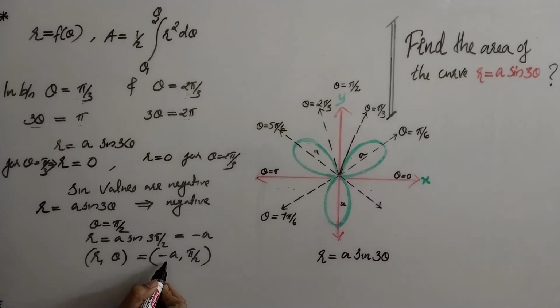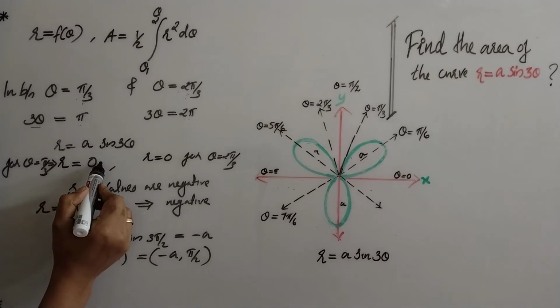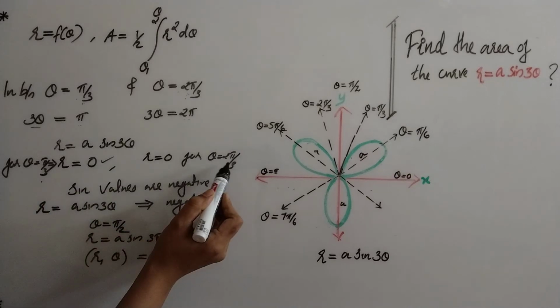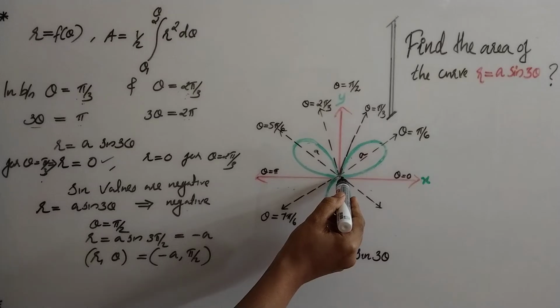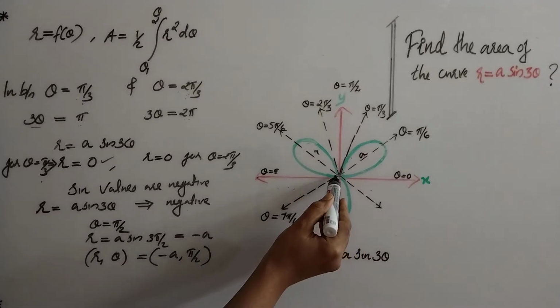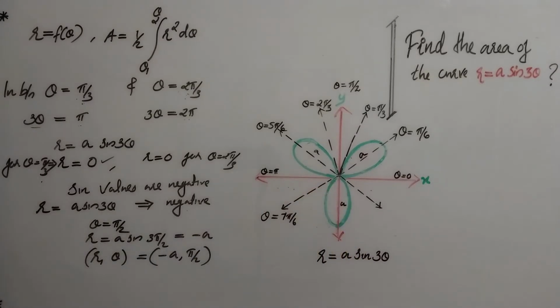And also r is equal to 0 for theta equal to pi by 3 and theta equal to 2 pi by 3. So at theta equal to pi by 3 and 2 pi by 3, the value of r is 0.